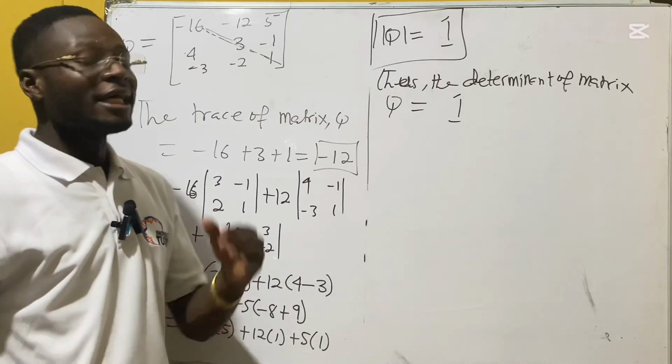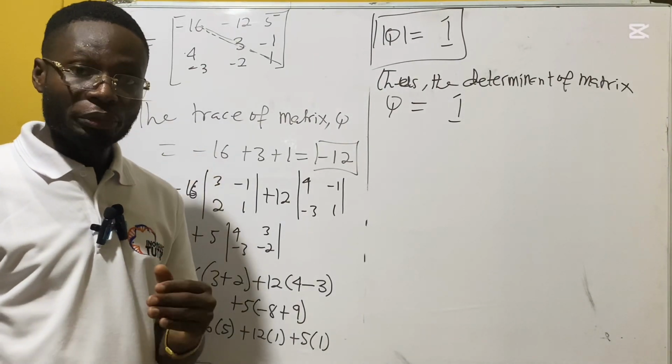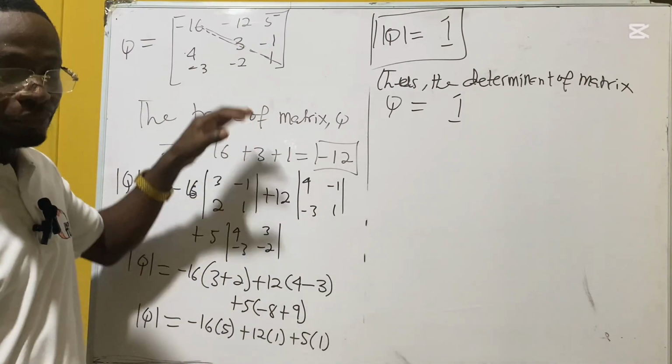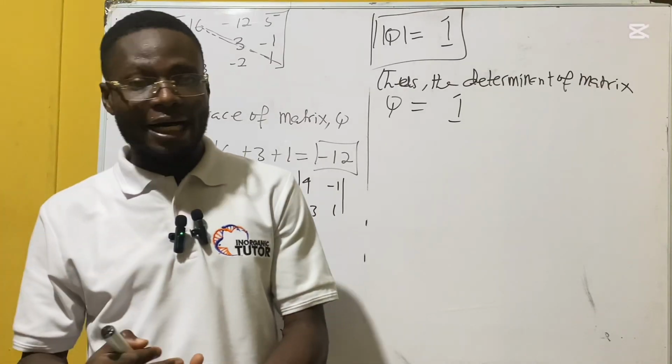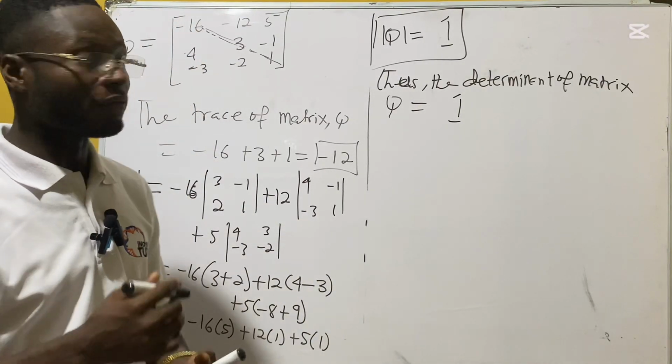The characteristic polynomial of this matrix Q is given by the characteristics of this matrix.